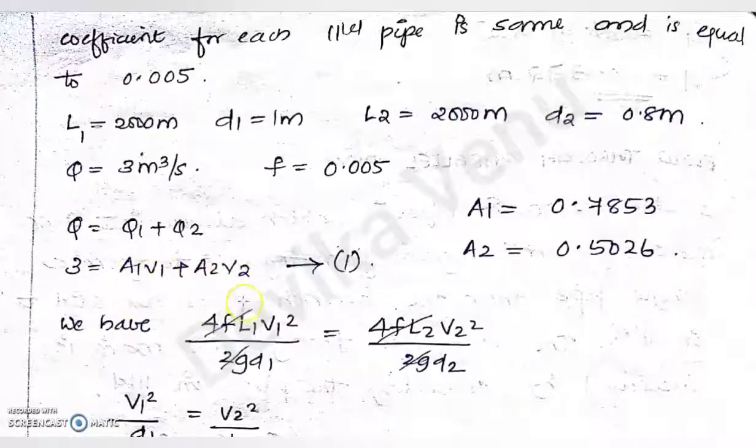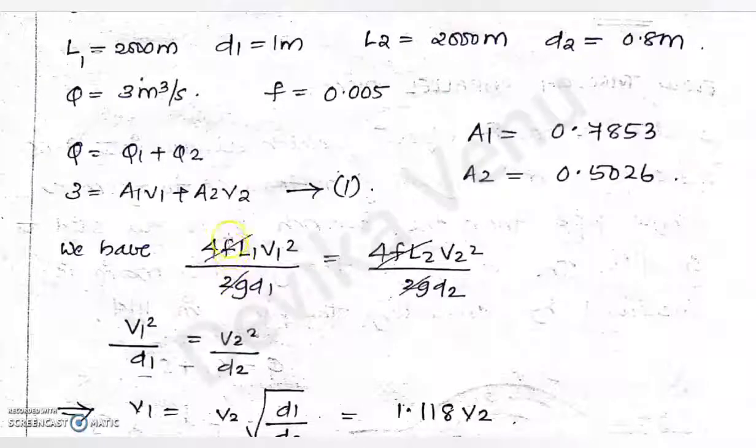What is the second condition? Since this is a parallel pipe situation, you can equate the head loss due to friction. We have explained it earlier, and we are cancelling out the common terms. Here L1 and L2 are both same, 2000 and 2000, so these cancel each other. So this is V1 square by D1, and here it is V2 square by D2.